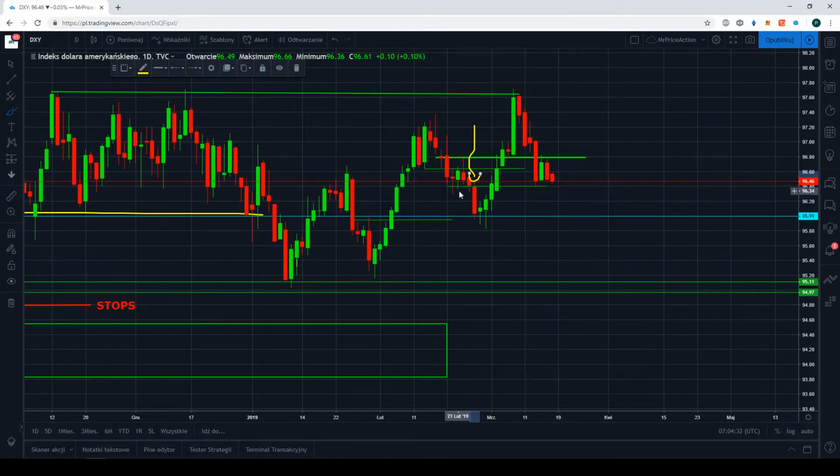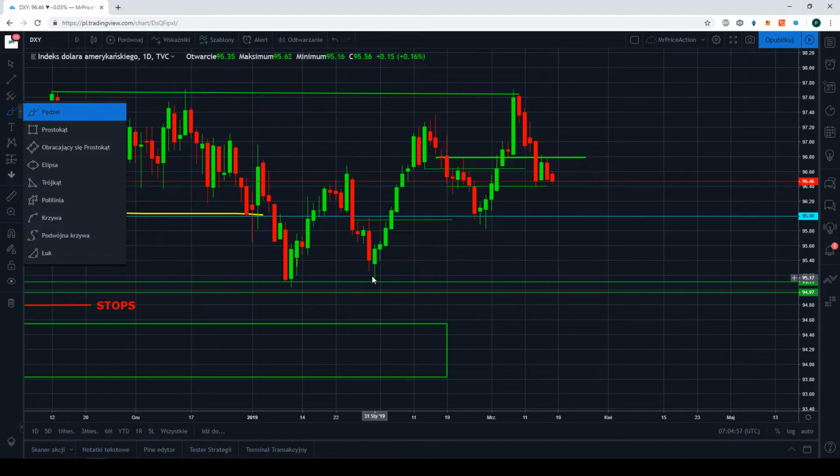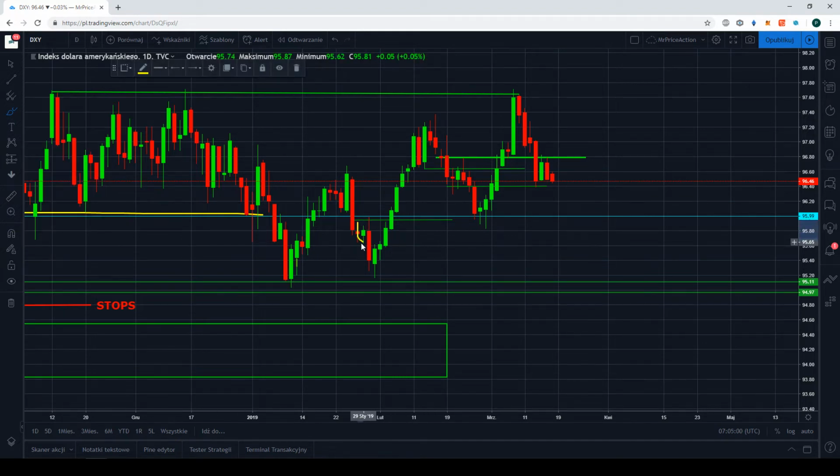And to be honest with you, the current price action on the daily chart is this type of breakout retest right now. It's very similar to what we've seen some time ago over here. Breakout, retest, and that was the same situation over here.